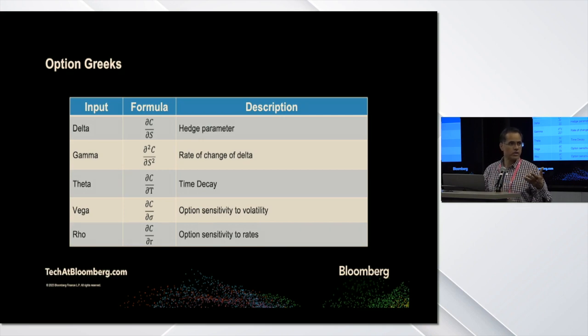Gamma is the sensitivity of the delta with respect to the spot, or it's the second derivative of the call price with respect to the spot price. Theta is the time decay. As the option approaches maturity, the price goes down, and theta gives the sensitivity of that. Vega and rho are the sensitivities with respect to volatility and interest rates. So these Greeks are very important, and especially when the sell side makes markets, they need to know these sensitivities and they need to compute these to manage their risk.